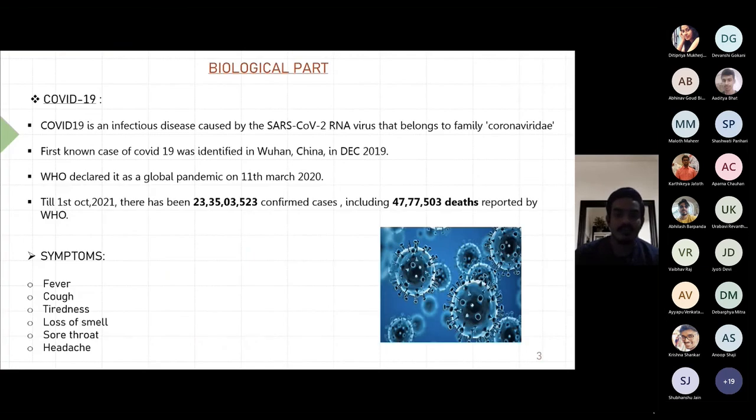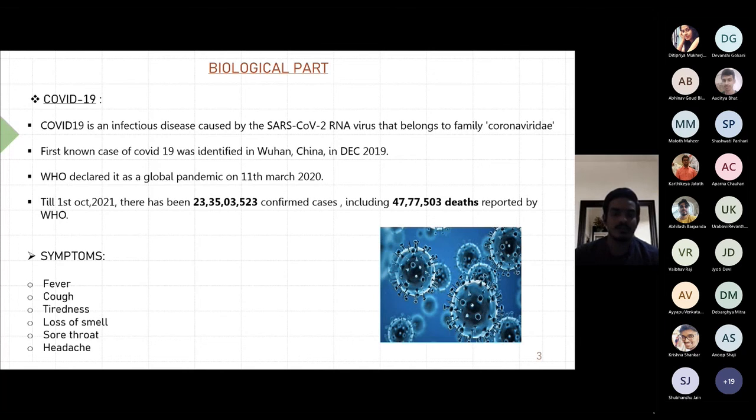So biological part, starting with COVID-19. What is COVID-19? COVID-19 is an infectious disease caused by the SARS-CoV-2 RNA virus that belongs to family Coronaviridae. The first known case of COVID-19 was identified in Wuhan, China in December 2019. WHO declared it a global pandemic on 11th of March 2020.